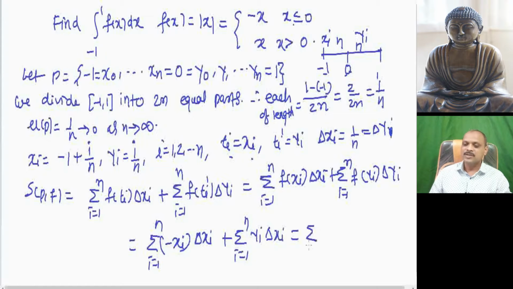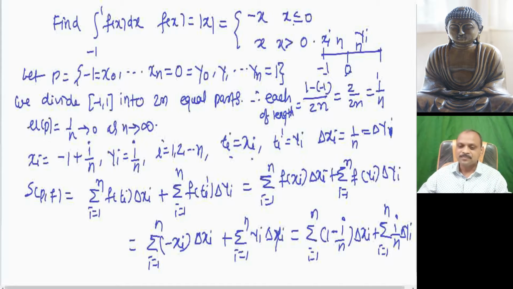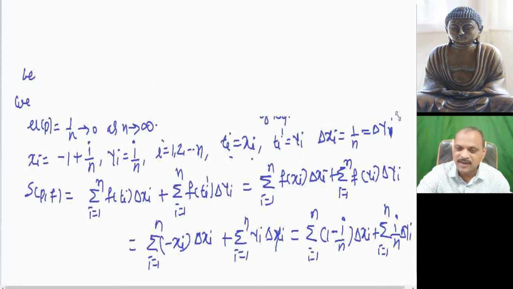But what is my xi? xi is minus 1 plus i divided by n. So, because of the minus sign, we have summation i equal to 1 to n of 1 minus i divided by n into delta xi, plus summation of yi, that is i divided by n, into delta yi. So this gives us two values, depending on xi and yi.